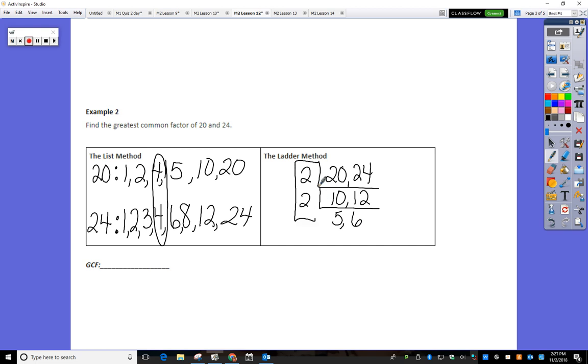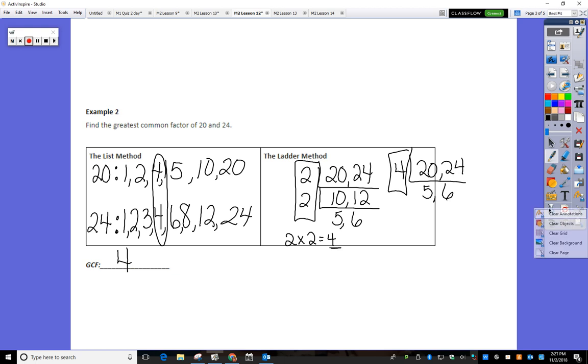So take the numbers down the side, multiply them together, and get the 4 that way. Could have also started with the 4, still get the same bottom two numbers, and then it's just one number down the side, which is your GCF of 4.